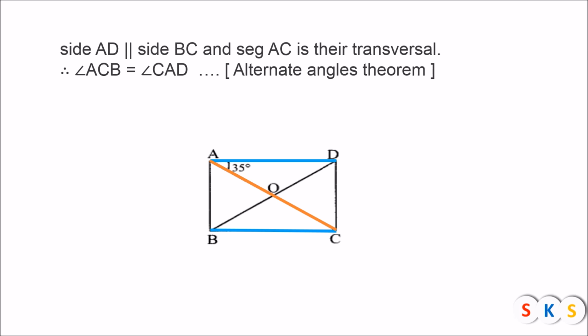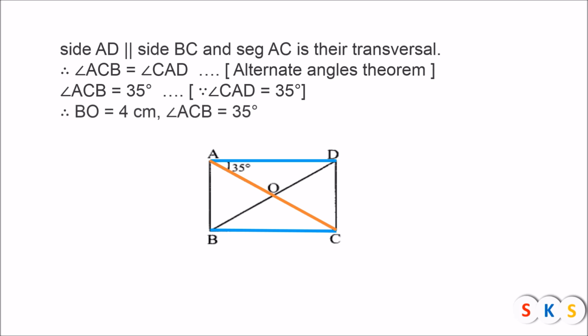You can see in this figure, angle ACB and angle CAD are alternate angles, and angle CAD is given as 35 degrees. Therefore, angle ACB will also be 35 degrees. So the answer is BO is 4 cm and angle ACB is 35 degrees.